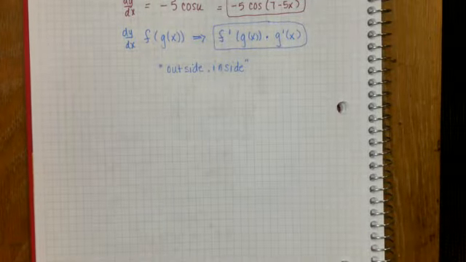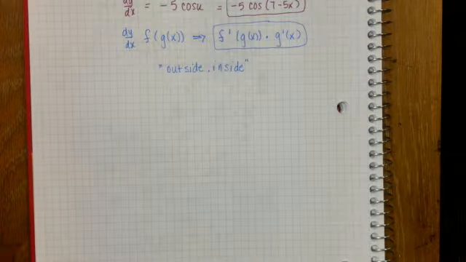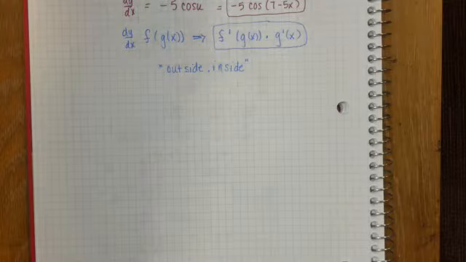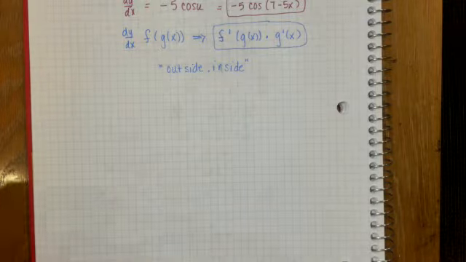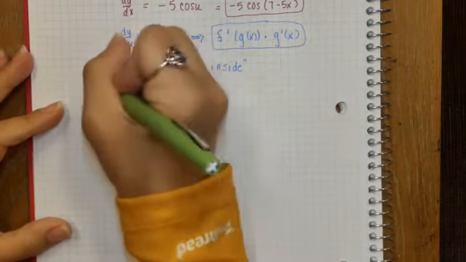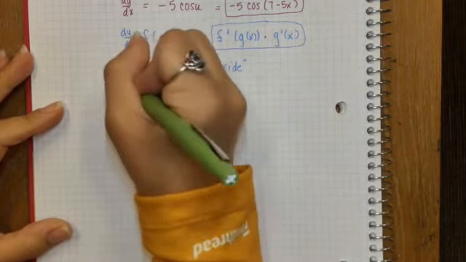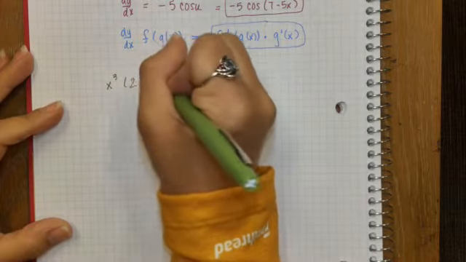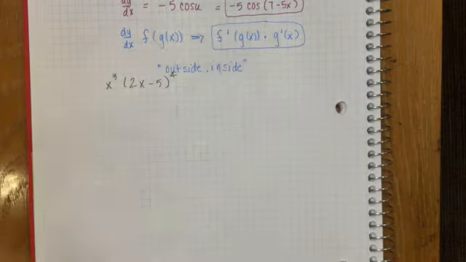Okay, they do get a lot more complex, obviously. Let's look at a product rule that involves a composite function. So let's say you have x cubed times the quantity 2x minus 5 to the 4th.